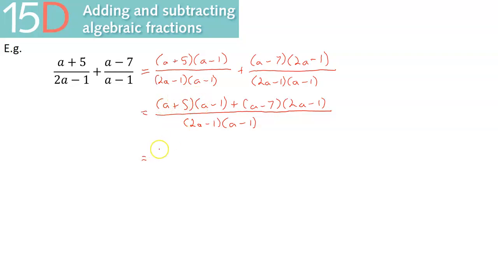So a times a, a times negative 1, 5 times a, 5 times negative 1. On second thought, I'm adding here. If I was subtracting, I would put brackets around the whole thing.